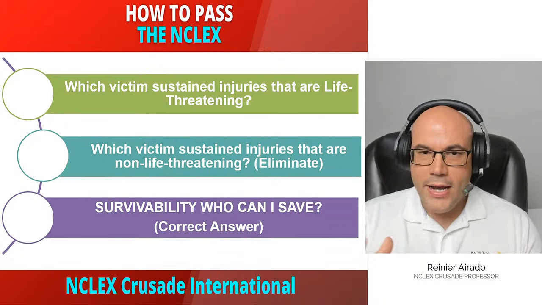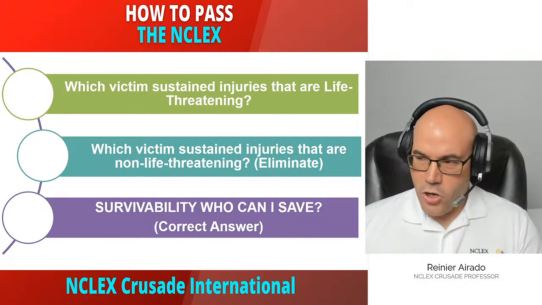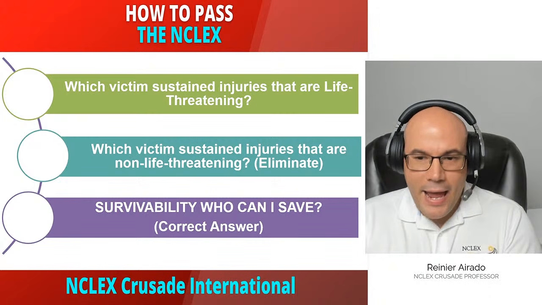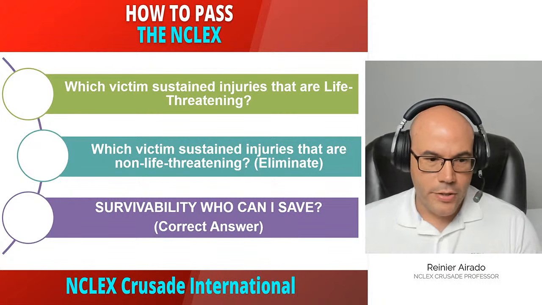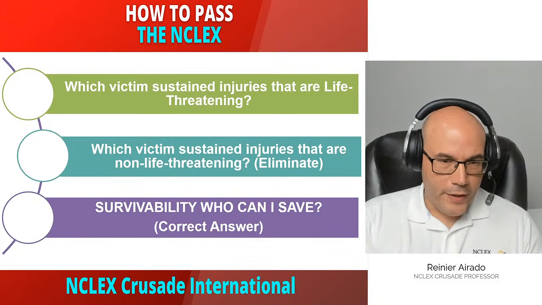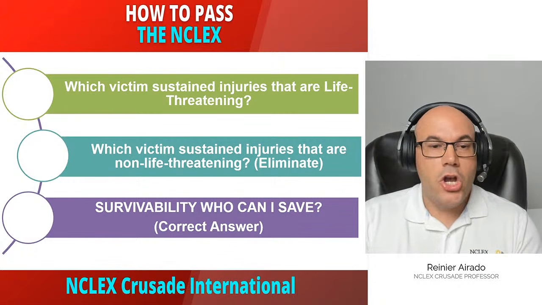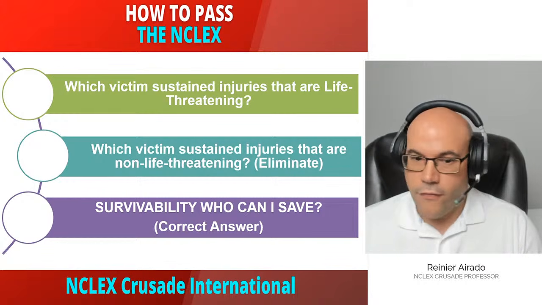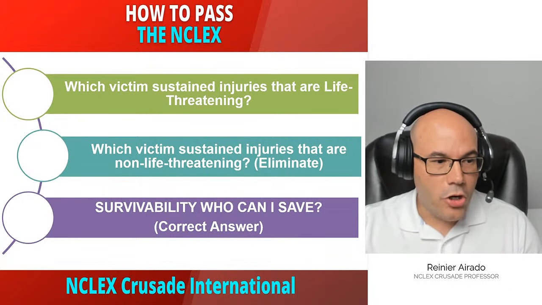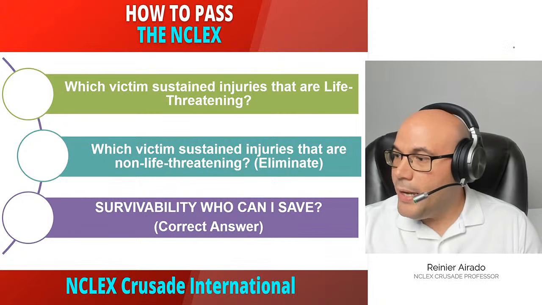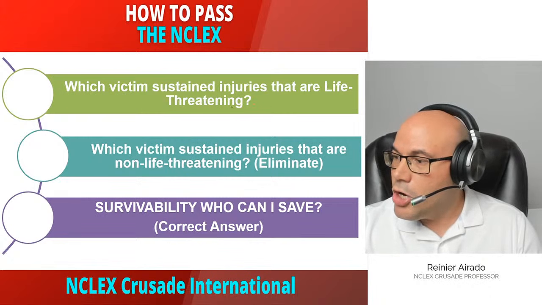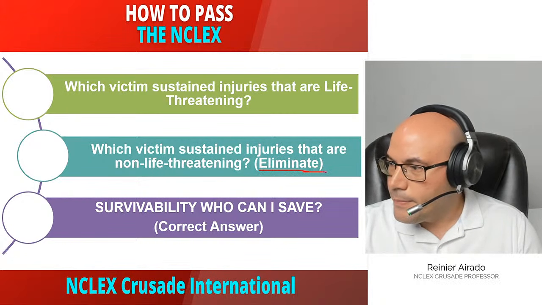So if you're reading a scenario where you have victims that sustain life-threatening injuries and you have other victims that sustained non-life-threatening injuries, it is very common to understand that you will be eliminating the patients that sustained non-life-threatening injuries.